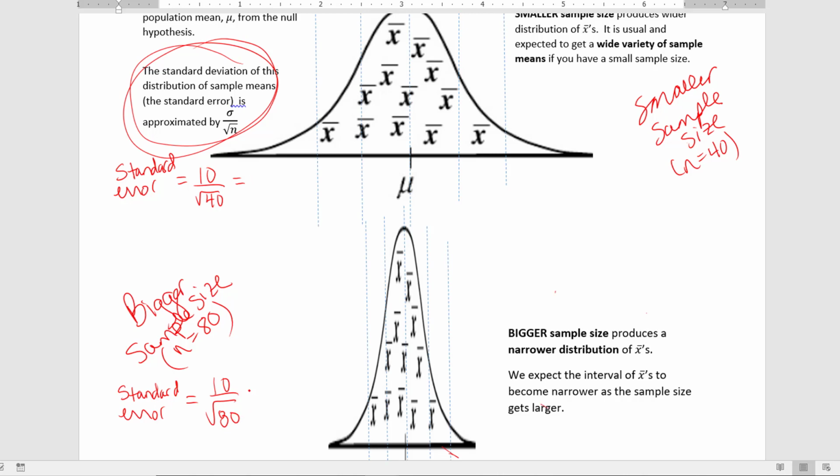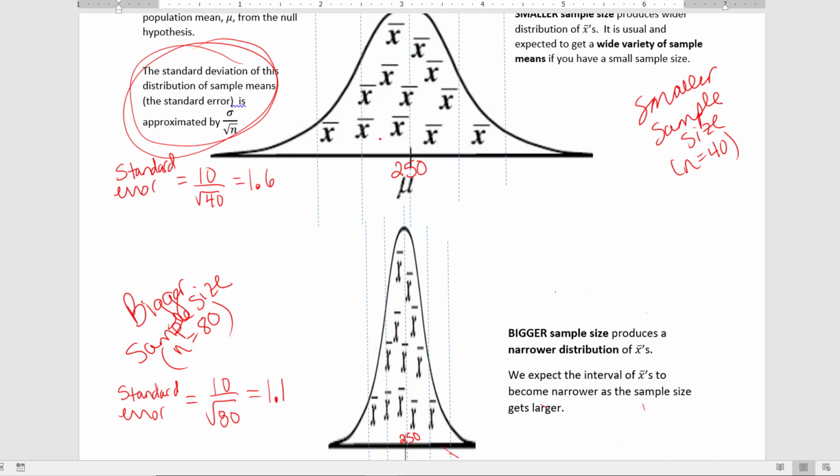If I pull out my calculator, I would find that the standard error of the distribution at the top is 1.6. The standard error of the distribution at the bottom is 1.1. So if I now go ahead and label each distribution, the null hypothesis was that mu equals 250. So that means each of these distributions has a center value of 250.